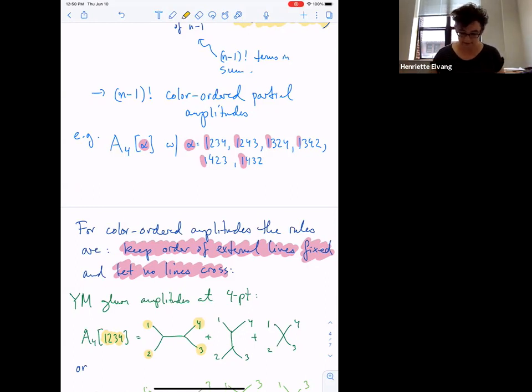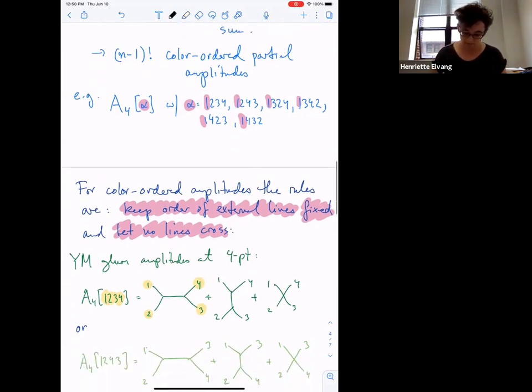So I have an S channel diagram, I have a U channel diagram, and I can have a contact term. What I want to emphasize here is that this has something with an S12, this has something with an S14, that's what we often call U, and this term here is polynomial. It doesn't have poles.